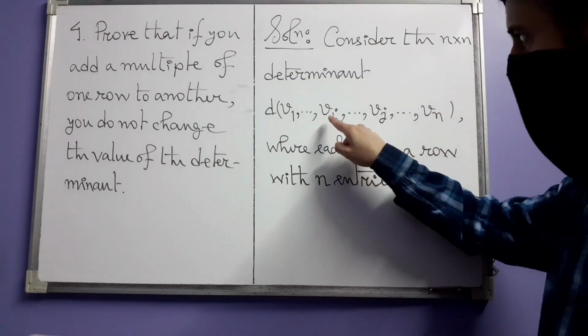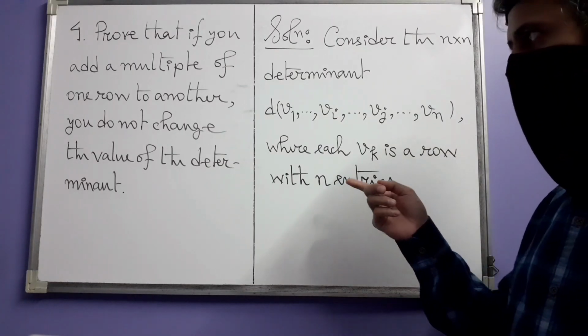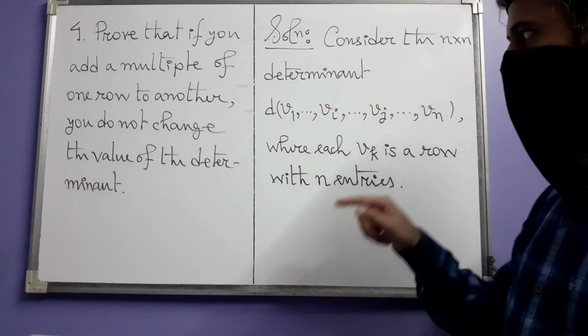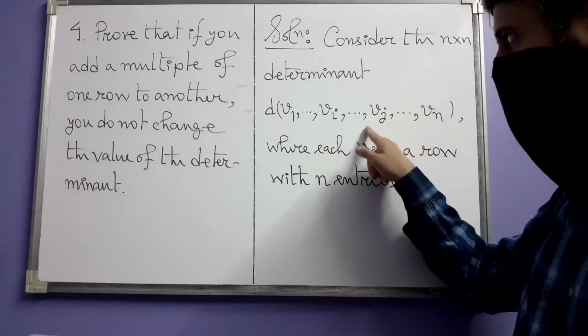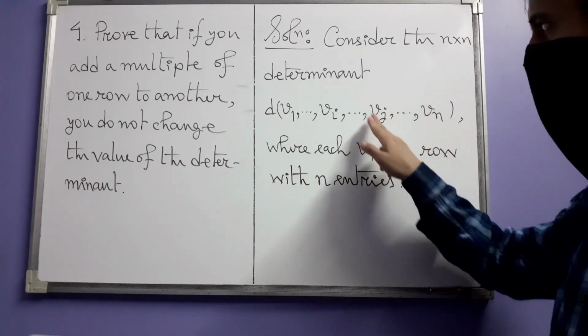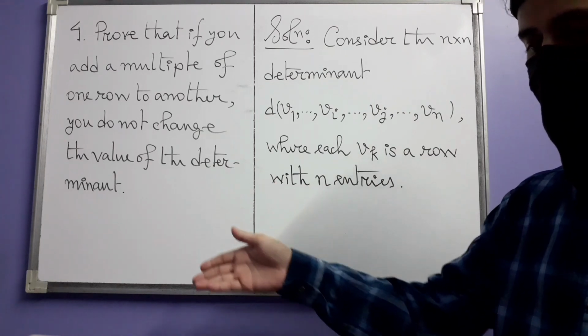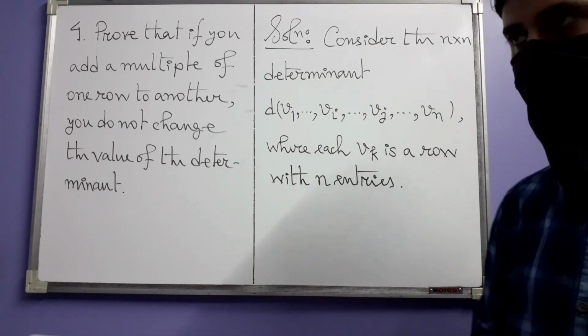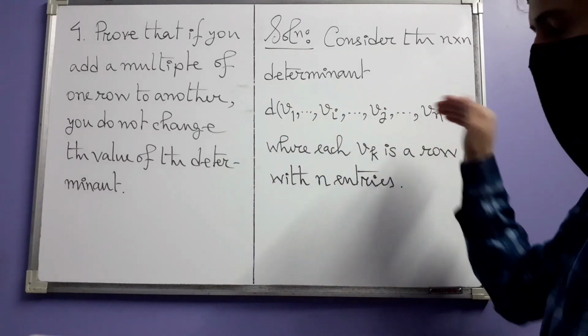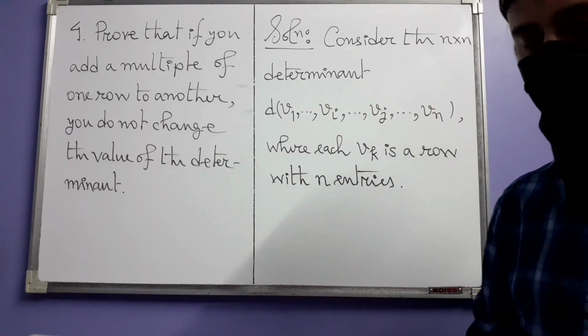And we are considering here vi and vj because we are now going to consider the other determinant which we obtain from this one by adding a scalar multiple of vj to vi, and that scalar of course would come from the underlying field. In fact, the entries in these rows themselves come from the underlying field, whatever it is.